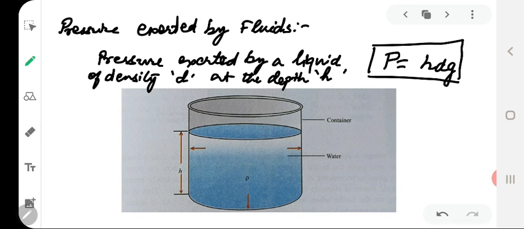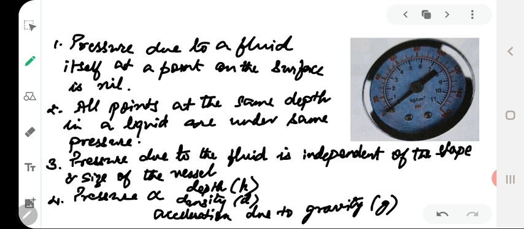If P is equal to hdg, so obviously pressure is directly proportional to the depth h, density d, and acceleration due to gravity. Now you can also see one picture right now on your screen. It is actually a manometer. Liquid pressure can be measured with the help of a manometer. So this will be all for today's video lesson. Thank you.